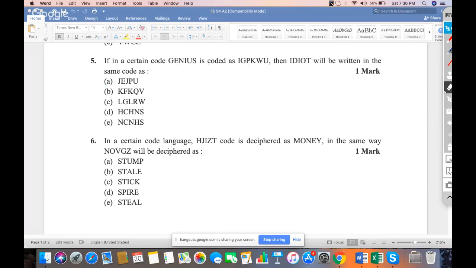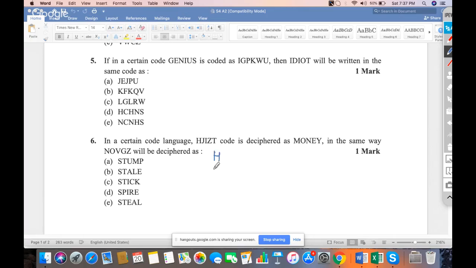Question 6. Question 6, B is the right answer.